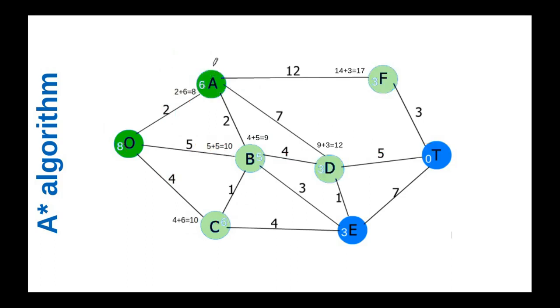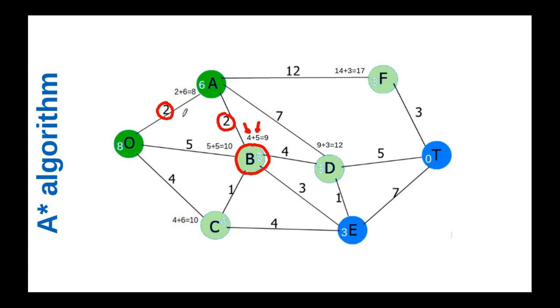So let's go now to consider the neighbors of A and again the neighbors of O, as you may remember from the Dijkstra procedure. Then, for example, let's have a look at the candidate B. B has a heuristics of 5, so that's the reason for this 5. And what's the reason for this 4?